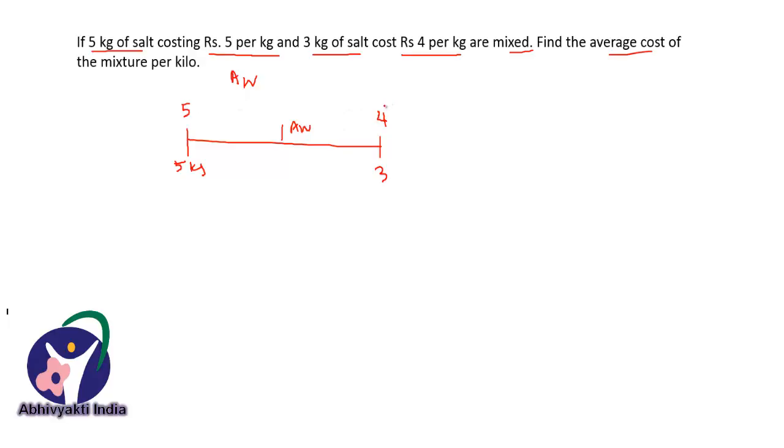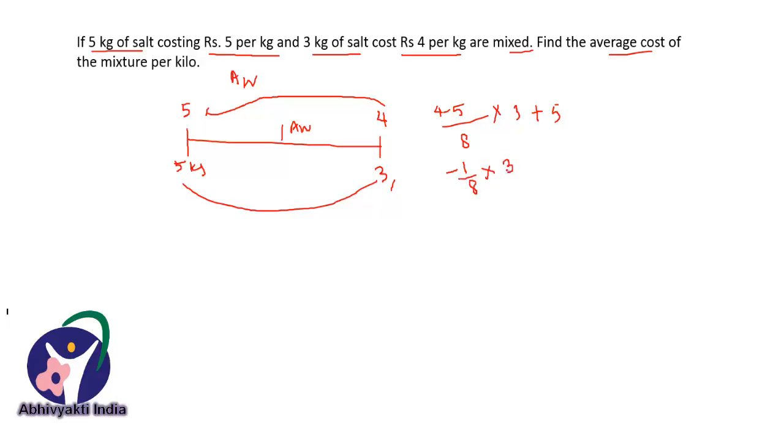So what we do here, we do A2 minus A1. Remember, A2 minus A1, that is 4 minus 5, divided by N1 plus N2, that is 5 plus 3, that is 8, multiplied by N2, that is 3, and we add this to A1, that is 5. So 4 minus 5, that will be minus 1 by 8 into 3 plus 5.